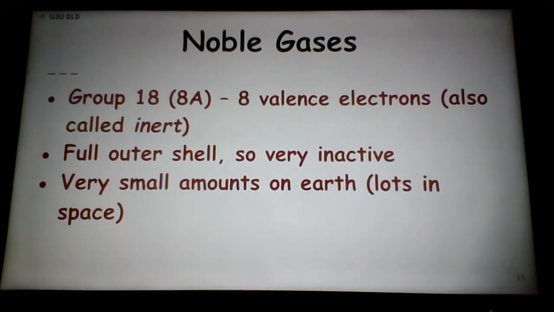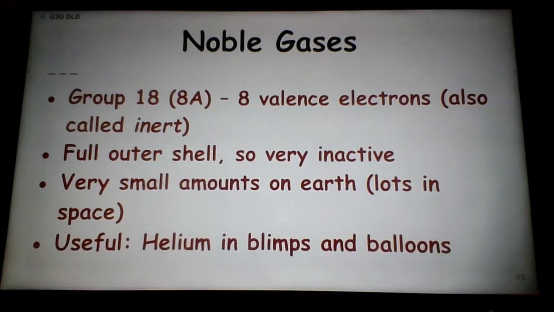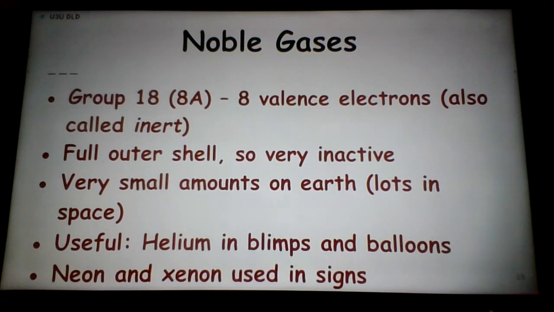Do they have any use? Well, we don't see them in great amounts in the Earth's atmosphere, but there's a lot of these gases in outer space, so much of it has to be trapped by astronauts and pulled back in for use. Well, you've heard of helium balloons. You've heard of blimps. You've heard of neon signs. Okay? These all use the noble gases. Now, those signs are called neon signs, but they may actually use neon, argon, krypton, and xenon. Just different combinations of those gases will give us the different colors.